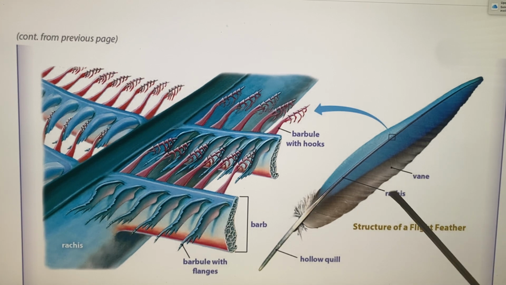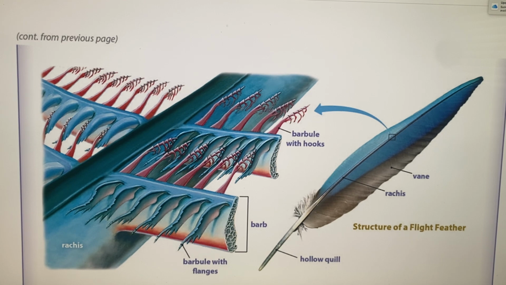We see the vane, several hundred barbs on these vanes here. So you see the vanes. And the barbules are these tiny parts that hold the barbs. So here are barbules, and they hold the barbs, and they're like little hooks. And these little hooks at the end are called hamuli, which means hooks.